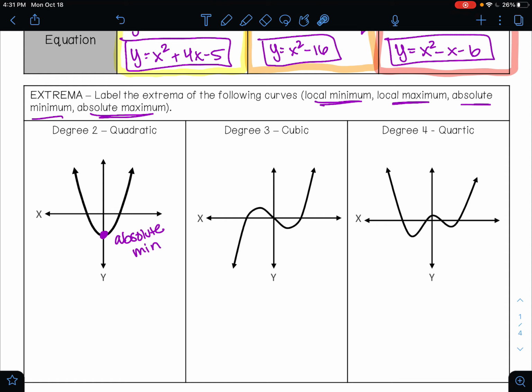Absolute means it's at the lowest or the highest. So in this case, this is the absolute minimum value. We never get smaller than this point right here. You would have a local max or a local min like here and here, because here this is a maximum, but my graph gets higher than that.